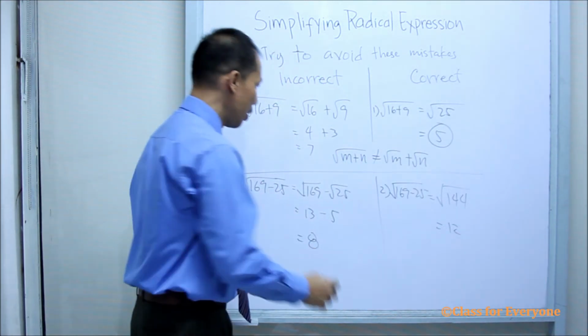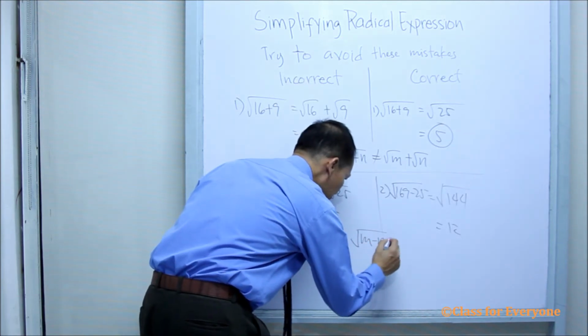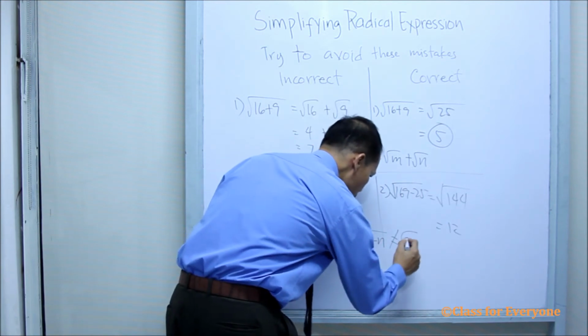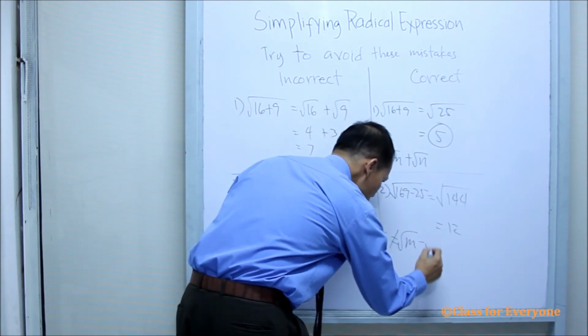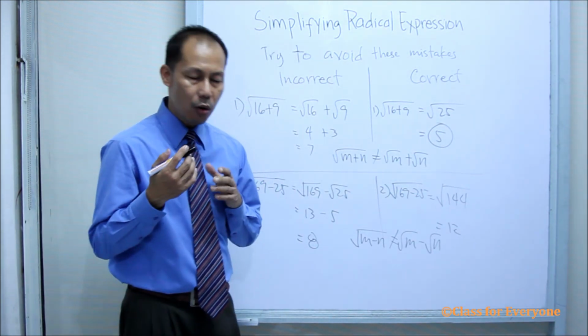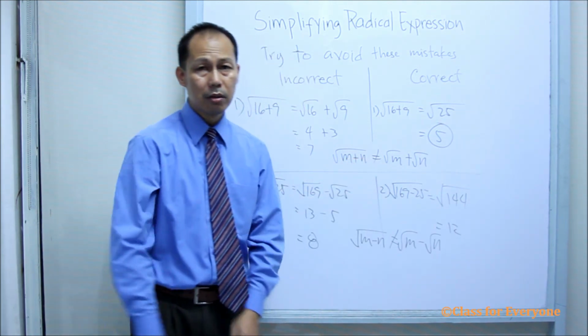In general, when we are getting the square root of m minus n, it is not equal to the square root of m minus the square root of n. And let us always remember these common mistakes.